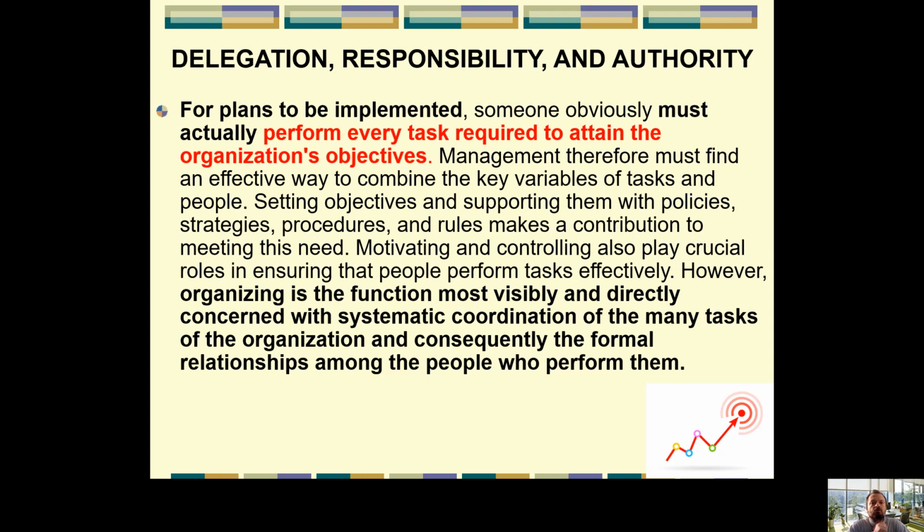Generally, to attain any objective, some tasks must be performed. And with the help of this picture, which you can see at the right corner of our screen, I wanted to stress that to attain some target, some objective, some set of tasks must be performed.